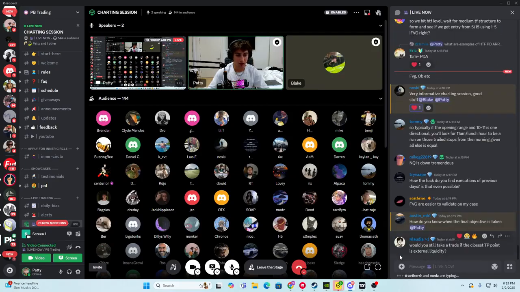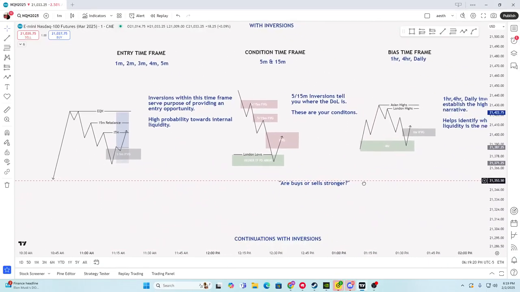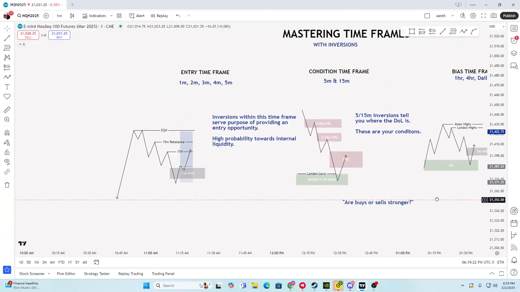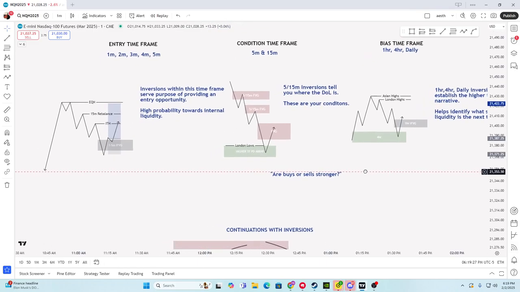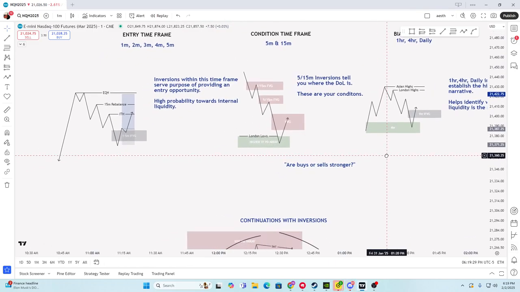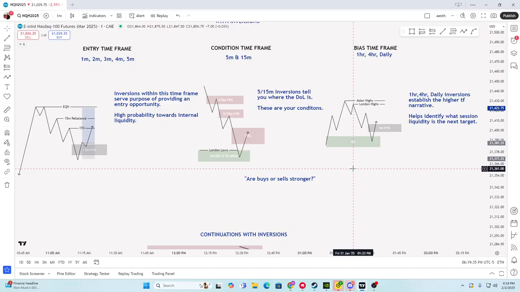How do you know when the final objective is taken? Well, since we are intraday traders, since we are futures traders, and since we are executing on the 1 to 5 minute chart and basing our bias off the hourly and 4-hour, typically objectives are going to be previous session highs and lows, maybe previous day highs or previous day lows.